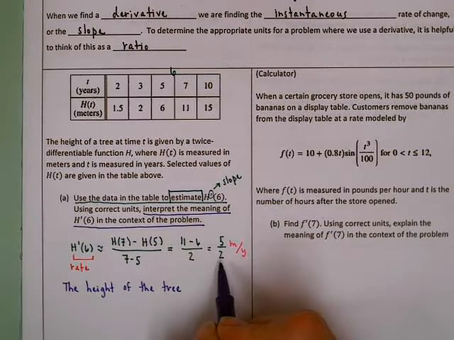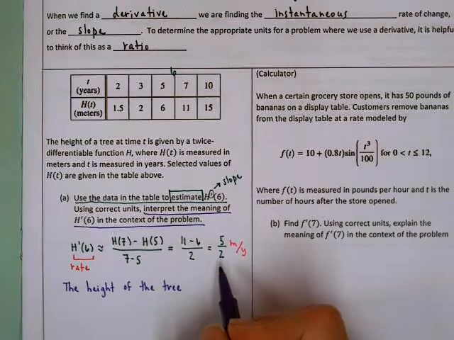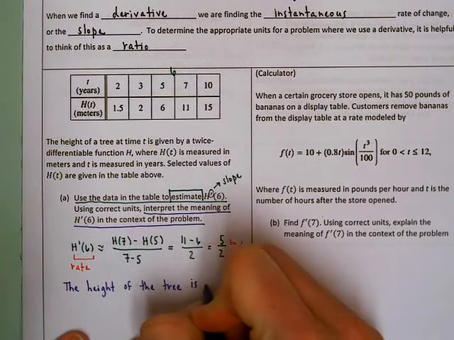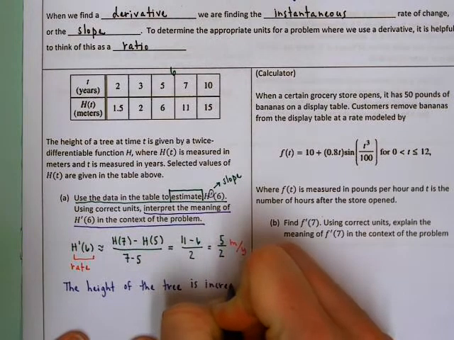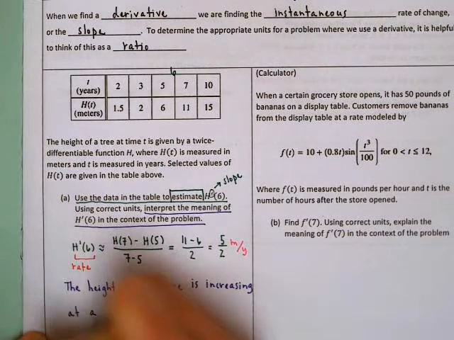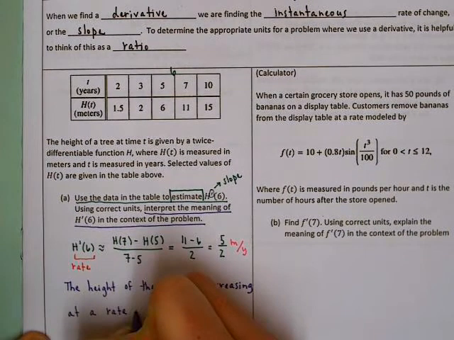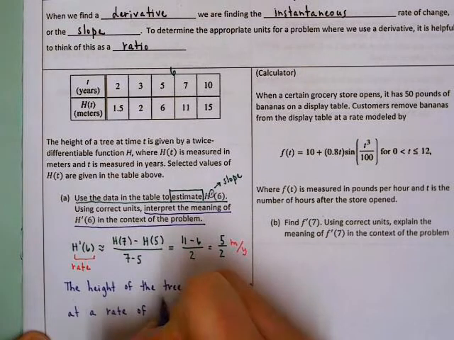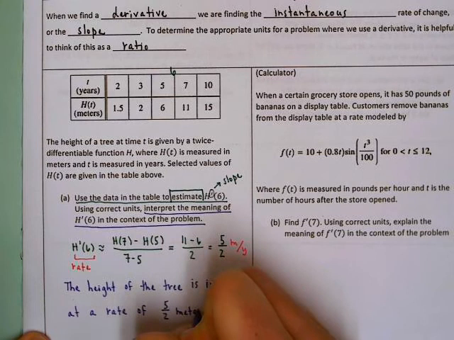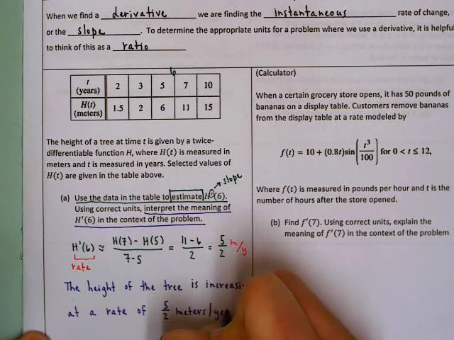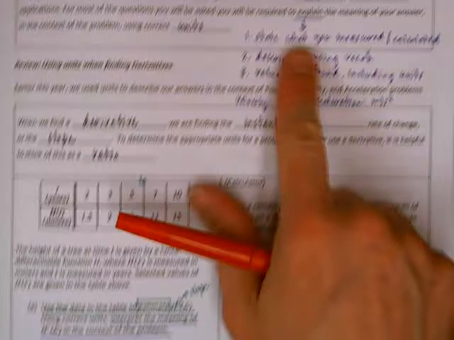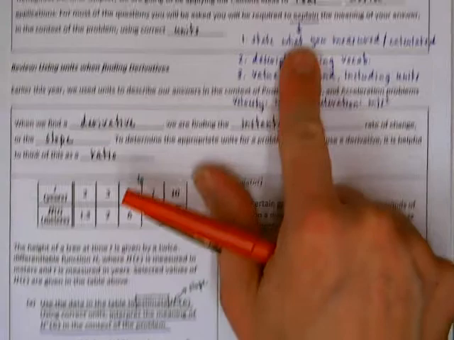Now, since this is a positive rate, we would say the height of the tree is increasing at a rate of 5/2 meters per year.